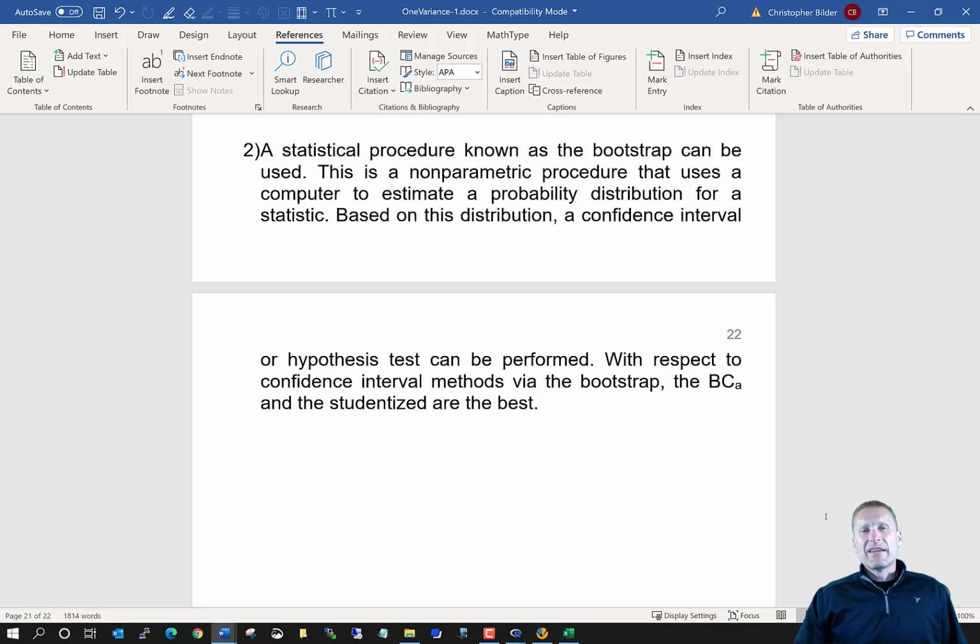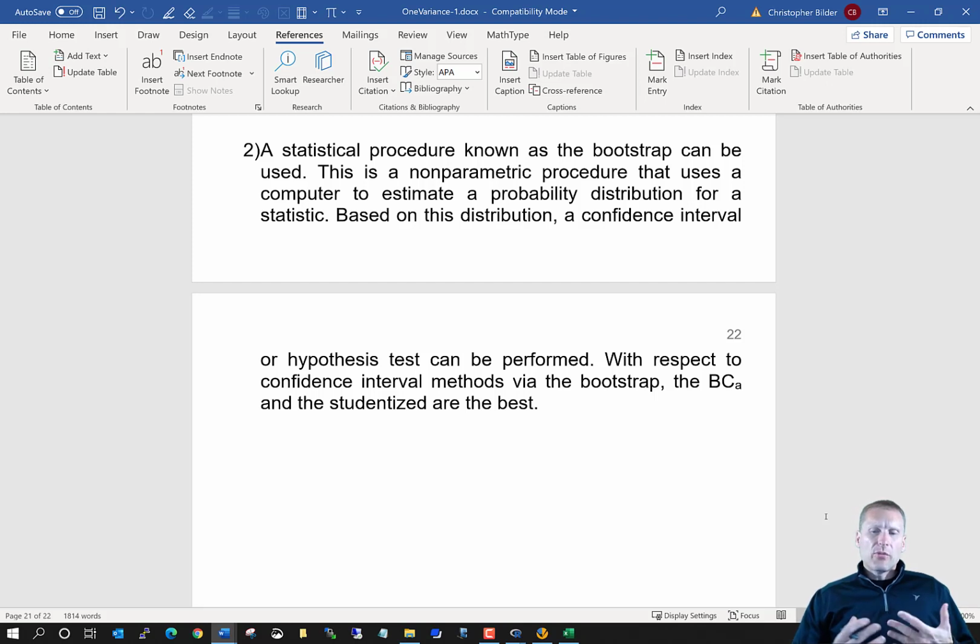Statistics doesn't have many things that have interesting names. This is one of the cases where we have this thing called the bootstrap. This is what's often referred to as a non-parametric statistical procedure, meaning it doesn't rely on any underlying distributional assumptions for your data itself, and it doesn't use an actual distribution that you can write out for your statistic of interest.